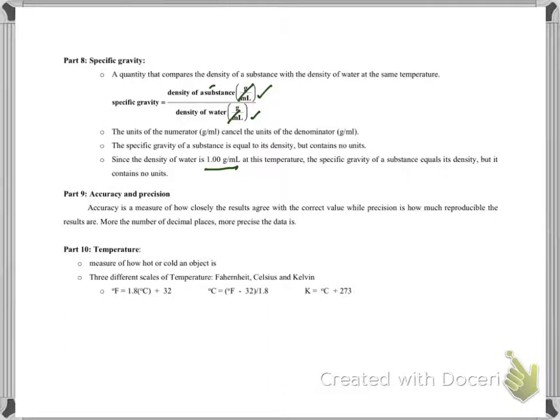So for example, let's say the question is: the density of isopropyl alcohol is 1.009 grams per ml. What is its specific gravity?